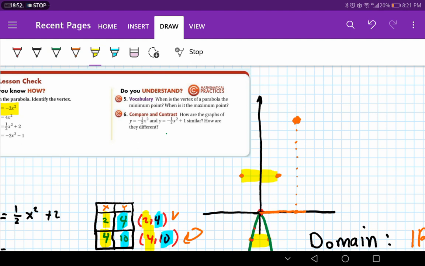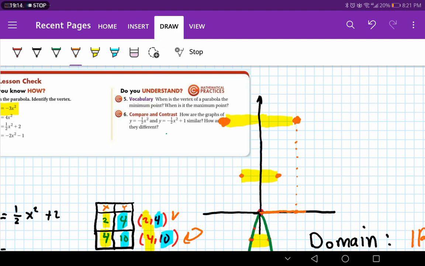Okay, it's 7. So 4 to the right, I have to draw 4 to the left. So it's supposed to be here. Okay, so this is the reflected point. Are you happy with that? Me too.